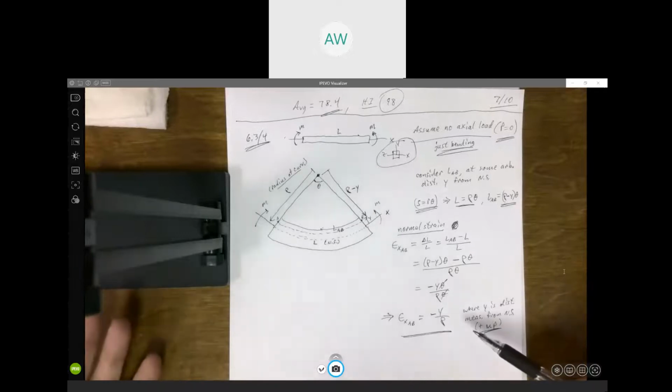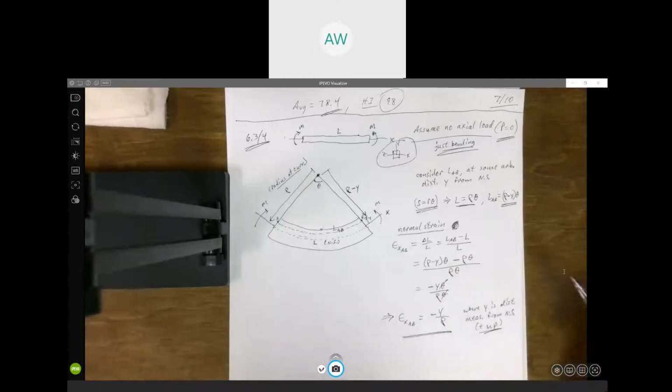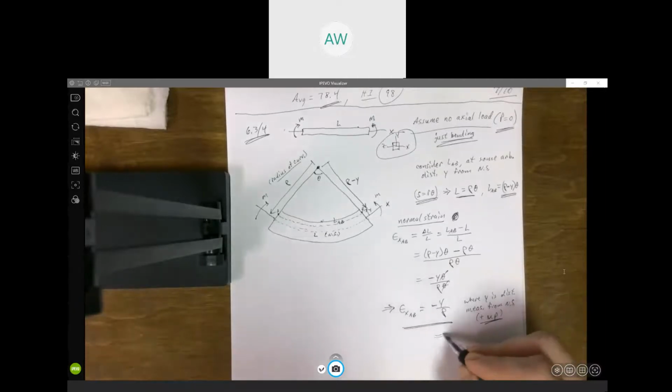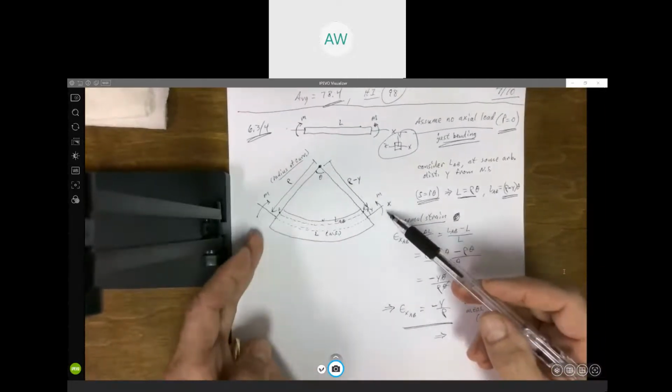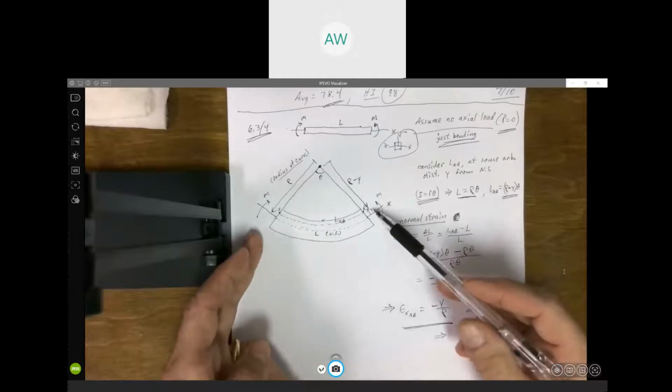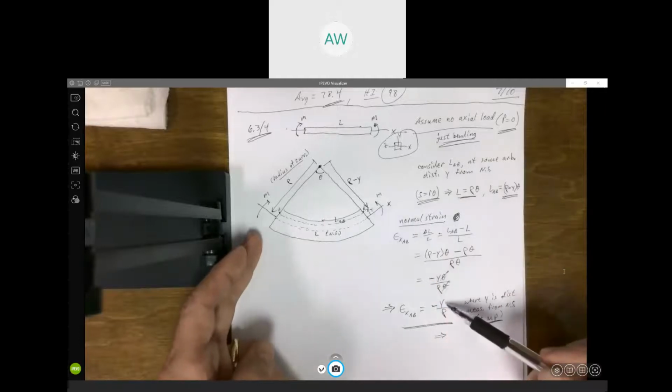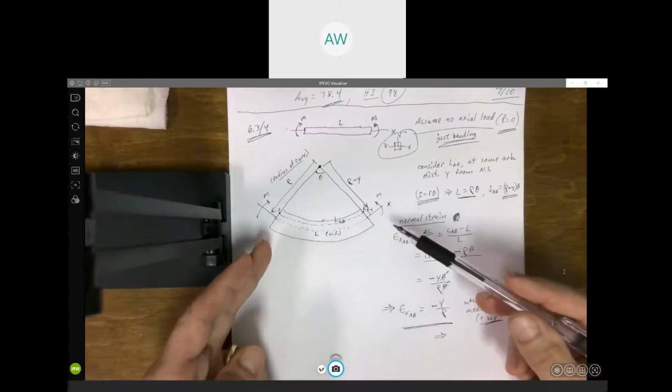Notice that this gives us a result that corresponds to what we did previously. If we apply this moment and bend it this way, and we go above the neutral surface, y will be positive. If you plug a positive y in here, you get a negative strain. That's indicating compression. It's getting shorter.